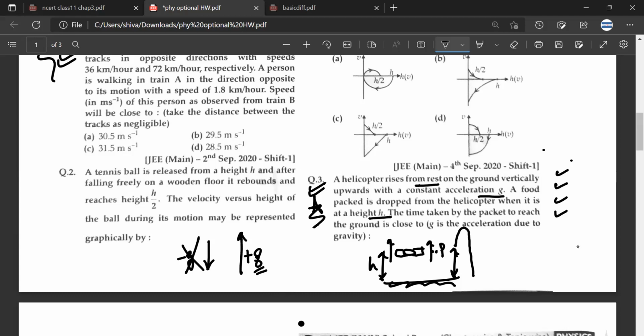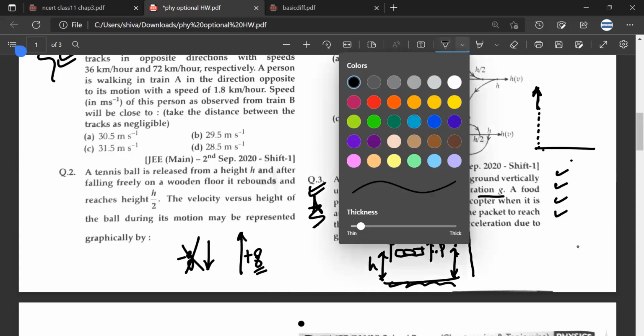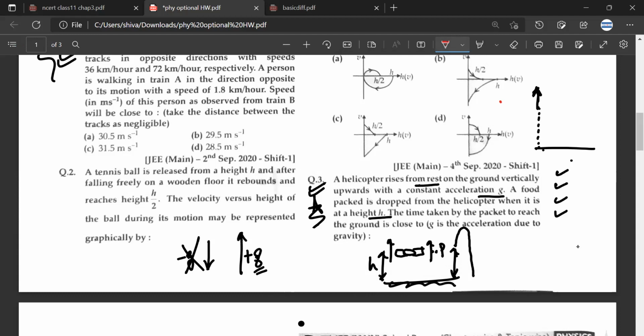Okay. Now what we require is that this packet was set free at this point. From this point it will reach its highest point.